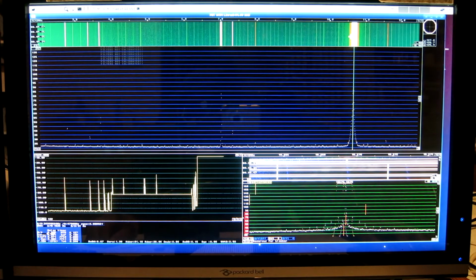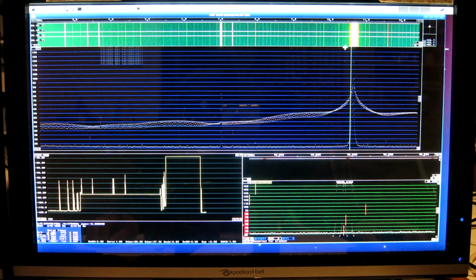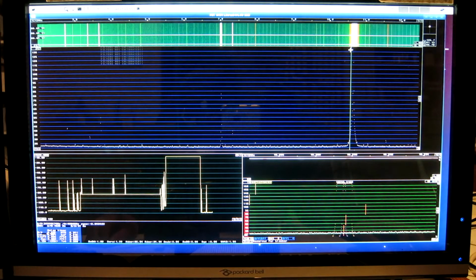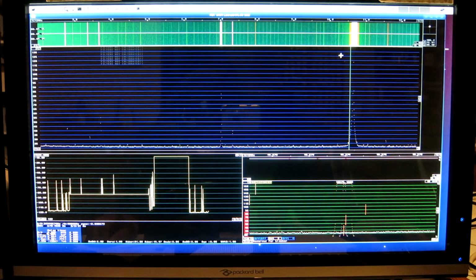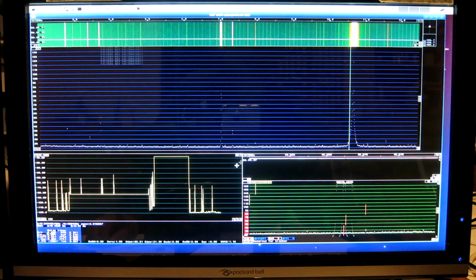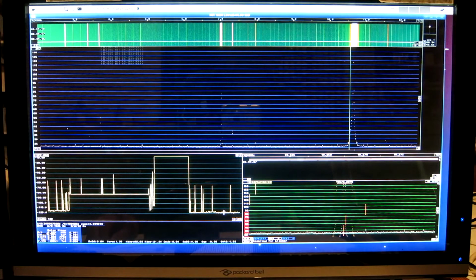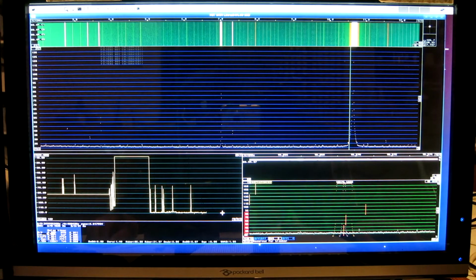So I go 100 kilohertz away, maybe here, 10.570. This is 100 kilohertz away. And here the level is minus 120 in 1 kilohertz, means minus 150 dBc per hertz. That is full quality of a modern digital receiver.